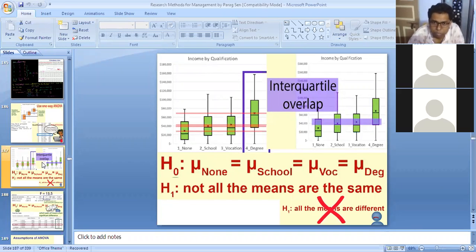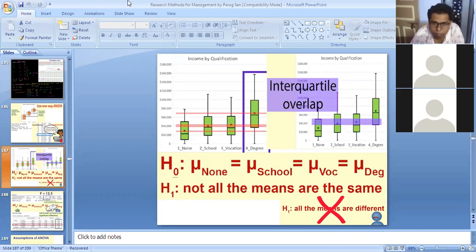Okay, so after performing one-way ANOVA, your null hypothesis is that all these population means are the same, and your alternative or research hypothesis is that not all the means are the same.